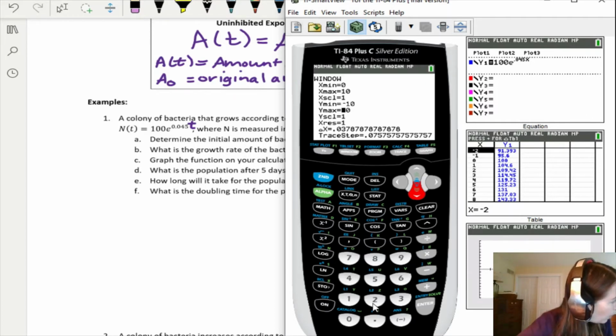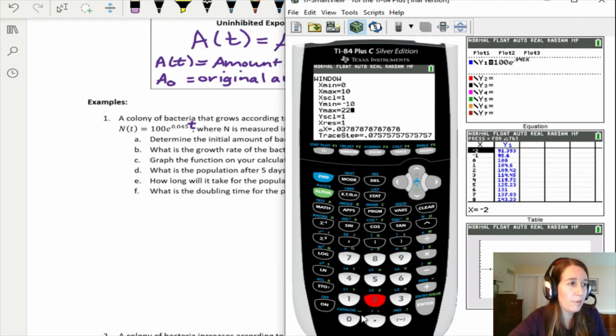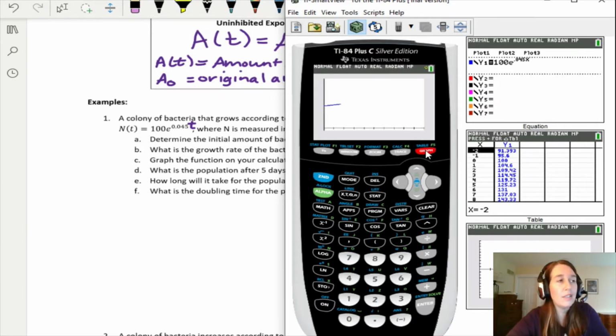It asks when will the population reach 140 grams? And it also asks what is the doubling time. So doubling would be 200. So let's just put in maybe 220. That would be 220 grams. Okay. So it's really essential to include the window.